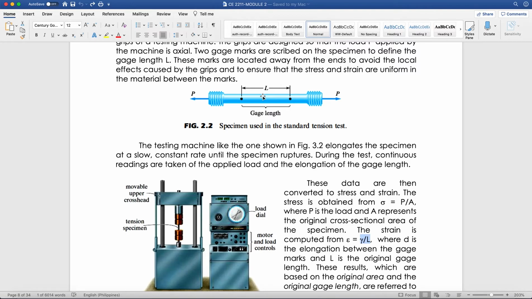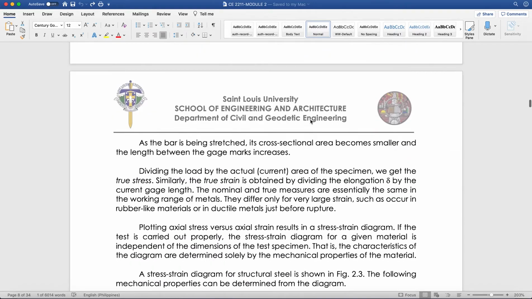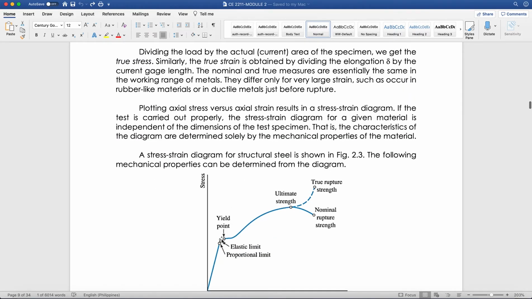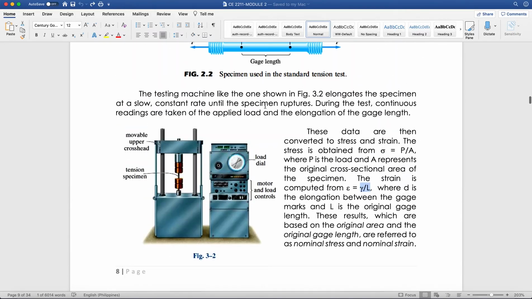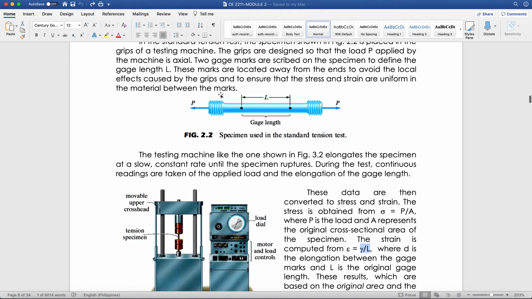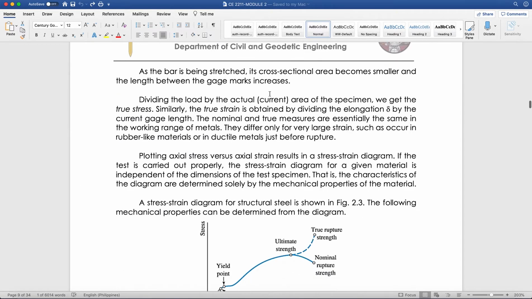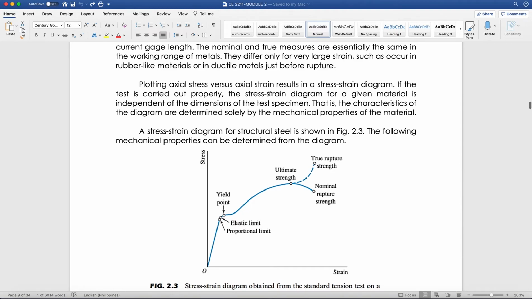I repeat, pag tinanggal mo yung load, yung force P na yan, and nandun ka sa yield point, umabot ka sa yield point, at tinanggal mo yung load natin, babalik sa original form yung ating material. Okay? But, ayun yung tinatawag nating elastic state. Ibig sabihin, pag tinanggal mo yung load, babalik siya sa original.